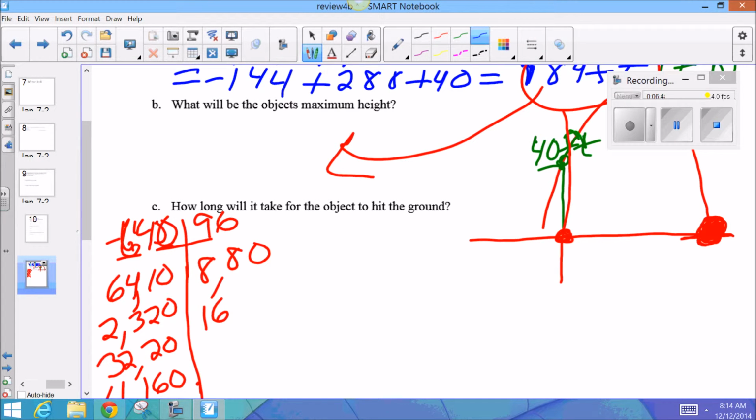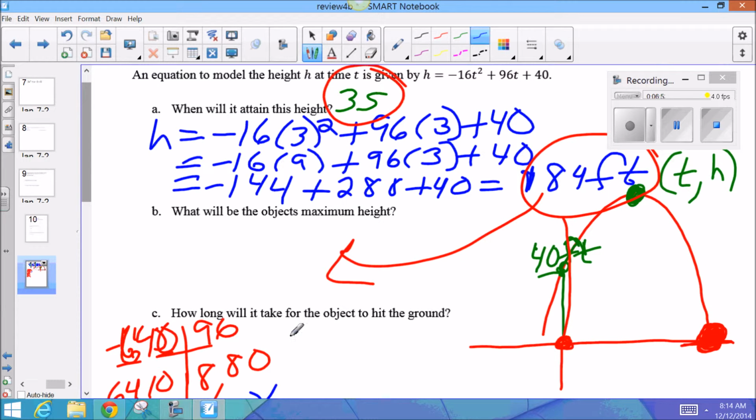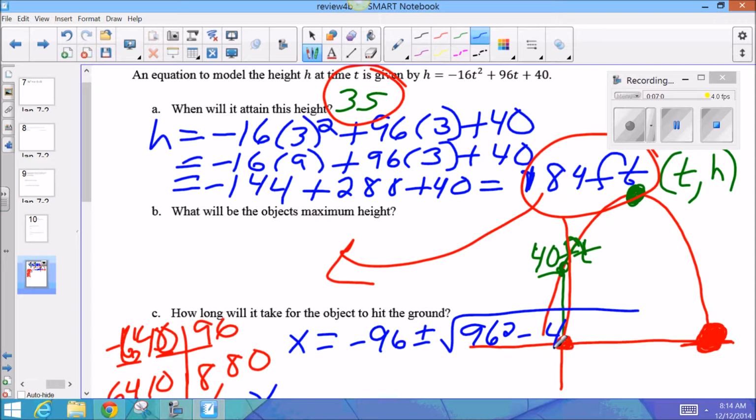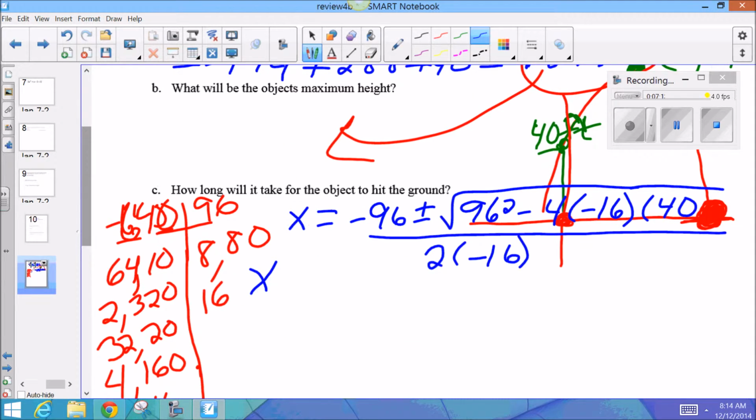All right, x, where's my formula? x equals negative b plus or minus square root b squared minus 4ac all over 2a. Right, 96 squared is 9,216.